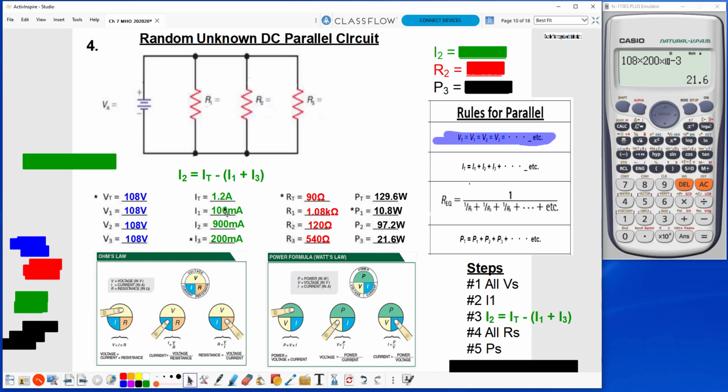All right, now that I've got all of my calculations made, you can see up here, these will be the problems on the Chapter 7 Math Handout Canvas Answer Sheet assignment on Canvas. So I'm looking for I2, R2, and P3.